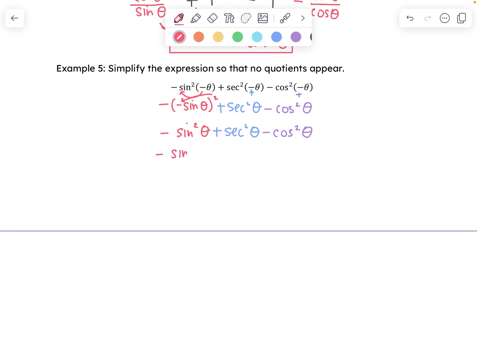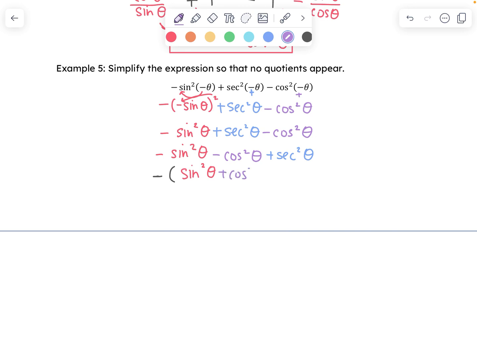So negative sine squared theta minus cosine squared theta. And then I can take that negative out. So negative, and then it would become sine squared theta plus cosine squared theta. So that can give me a negative 1.